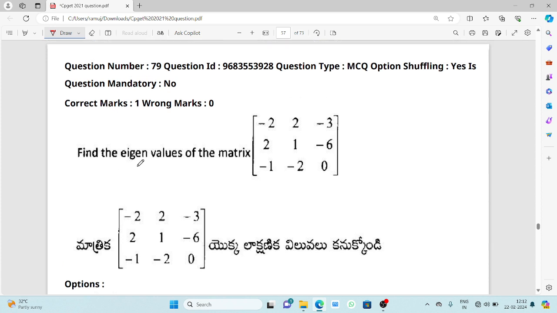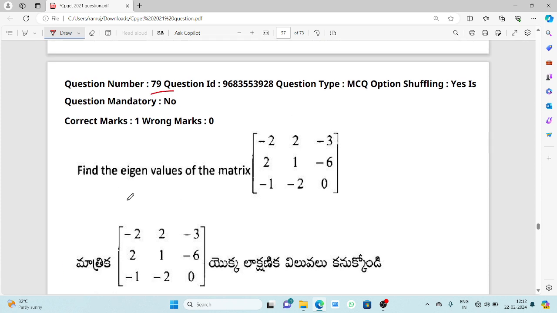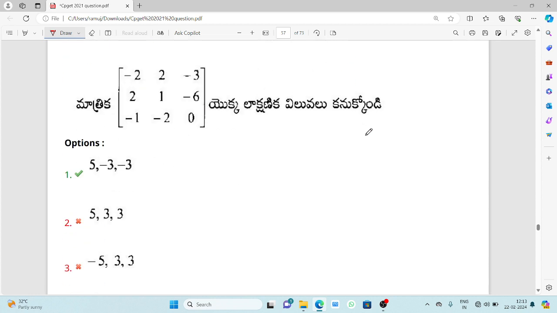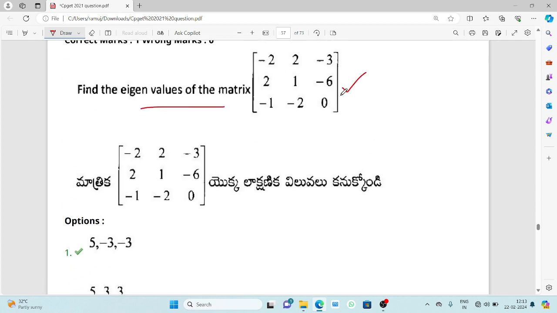Question number 79. Find the eigenvalues of a matrix. He gave one matrix and is asking for its eigenvalues. We know that for a 3 by 3 matrix, the sum of the three eigenvalues is the trace of the matrix. The trace is minus 2 plus 1 plus 0, so the sum is minus 1, and the product is the determinant of this matrix.